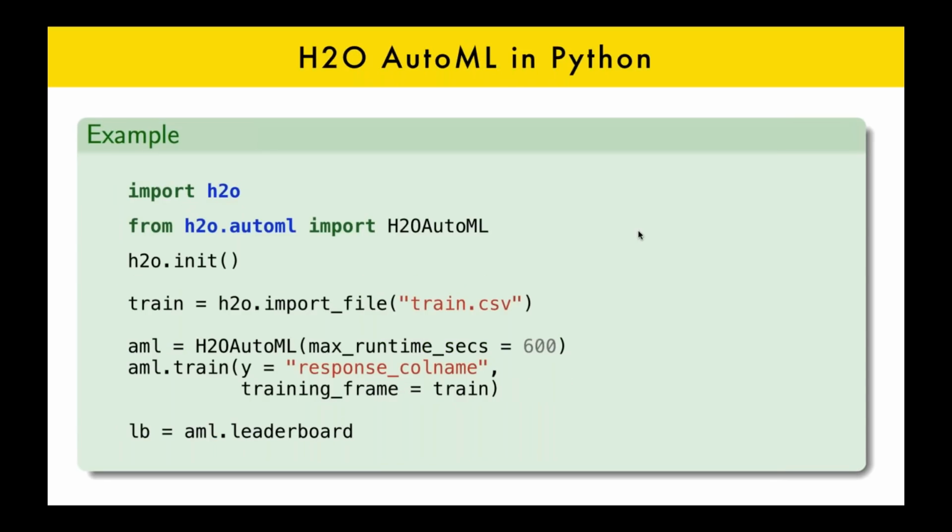And so the same idea in Python. Just one more line of code, where in the Pythonic sense we create an object of class H2O AutoML with the things that have to do with that, like max runtime seconds, and then there's a train method afterwards that actually runs the AutoML process, and it also returns a leaderboard as a data frame.